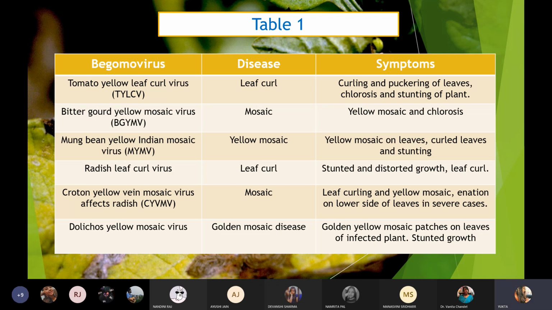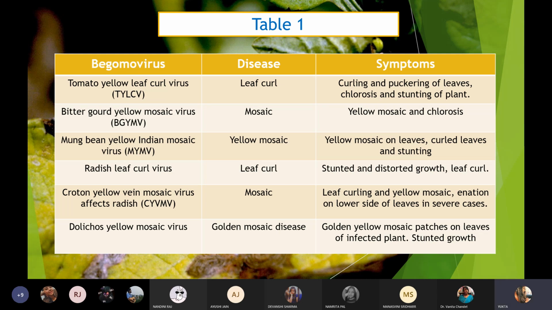Next is mung bean yellow Indian mosaic virus. It causes the disease yellow mosaic in the plant, and the symptoms along with the yellow mosaic are curled leaves and stunting. Another one is reddish leaf curl virus, which causes leaf curl, and along with that the symptoms are stunted and distorted growth.